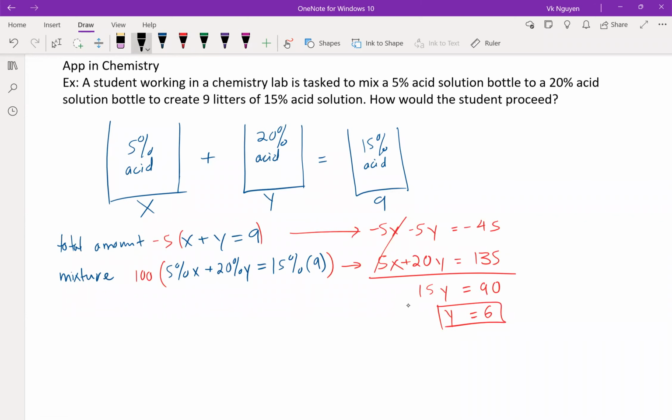We know that X plus Y equals 9. So X equals 9 minus Y, or we can just sub in Y to be 6 a little faster. And from here, X equals 3. The solution tells the student to mix 3 liters of 5% acid to 6 liters of 20% acid to get 9 liters of 15% acid solution.